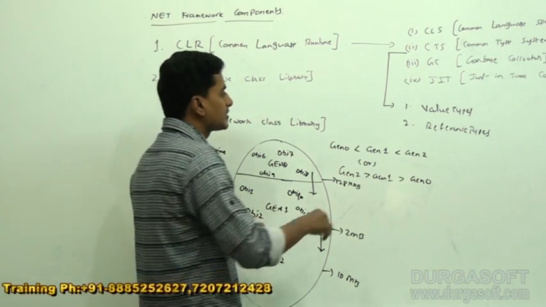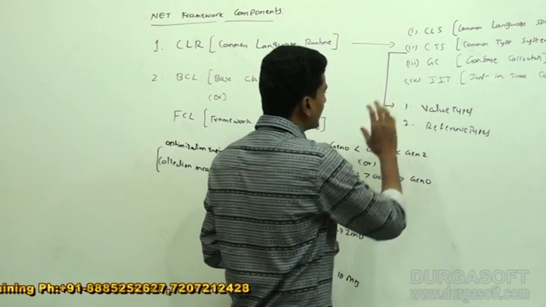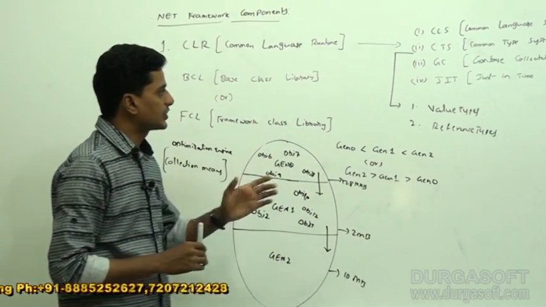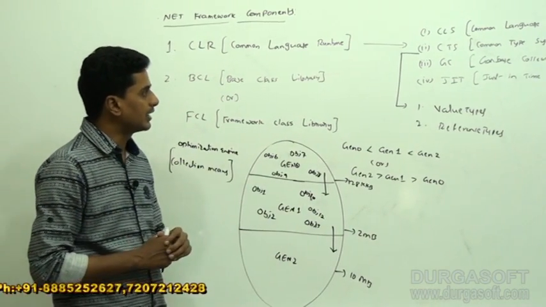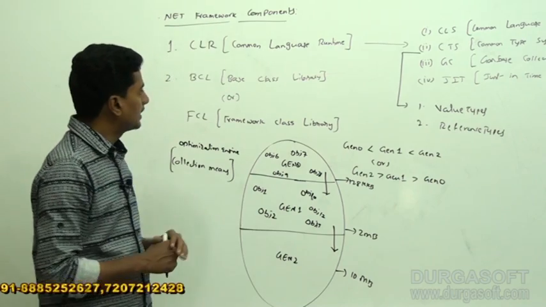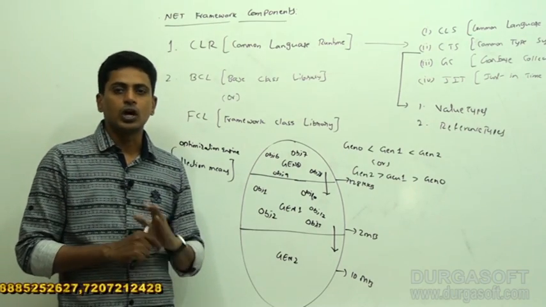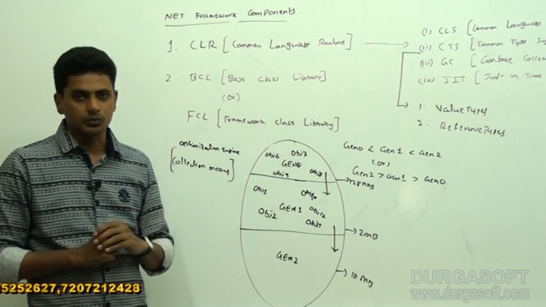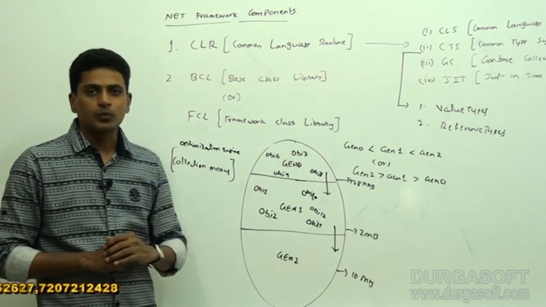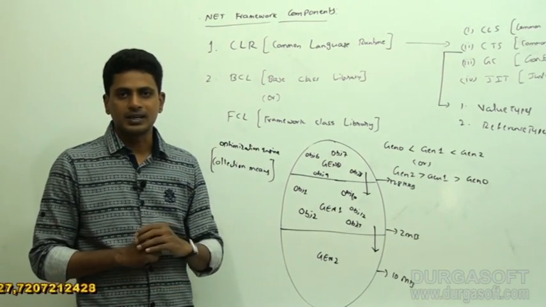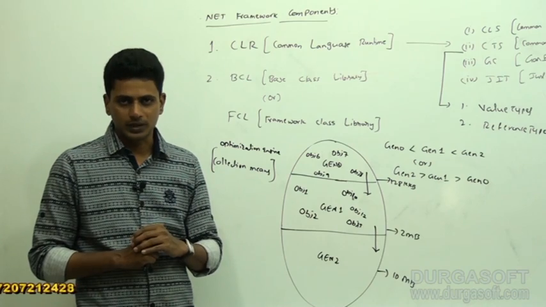So using these four subcomponents, CLS, CTS, garbage collector and just-in-time compiler, the CLR provides the runtime environment to the supported .NET programming languages. Without CLR we cannot provide an execution environment to .NET supported programming languages.